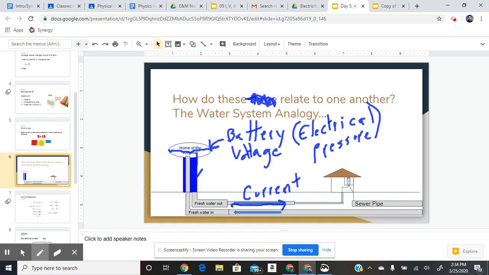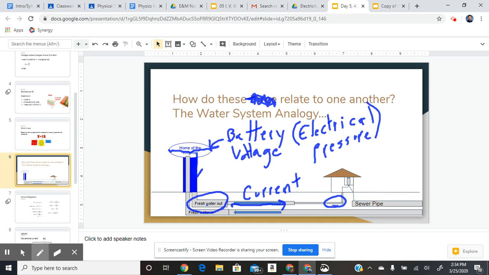Now as far as resistance goes, the only way I can really show resistance within this analogy is if you take a look here. Over here where we have fresh water out, the pipe is much bigger. And then over here where it gets closer to your house, the pipes become much smaller.